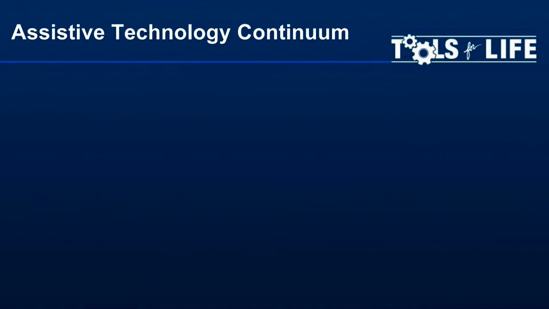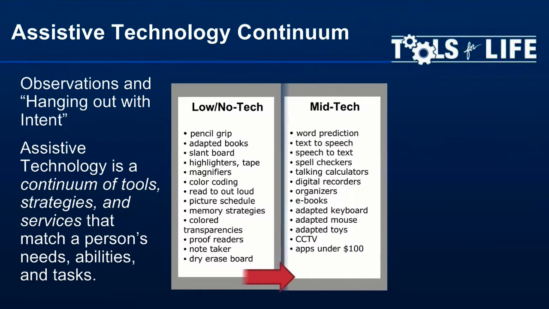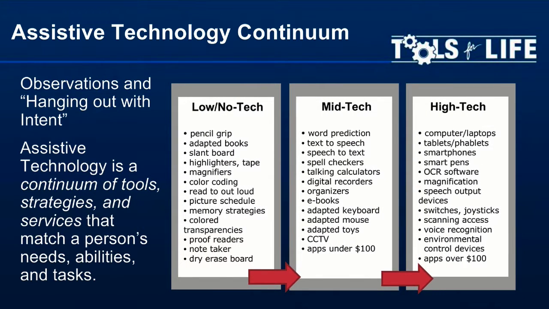So when it comes to assistive technology, we are always thinking about assistive technology on a continuum. Earlier we had mentioned no tech, low tech, middle tech, and high tech. We're often thinking about the different categories of assistive technology, especially when we're providing supports around individuals. This could be during our assistive technology assessments, if you will.